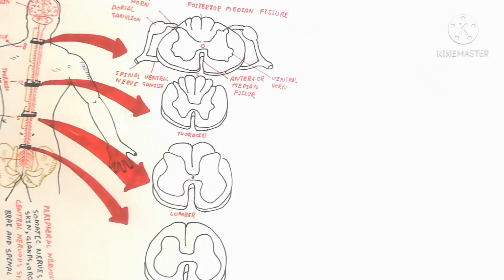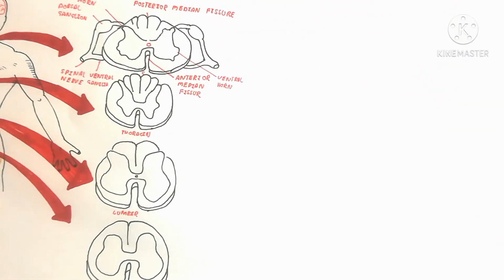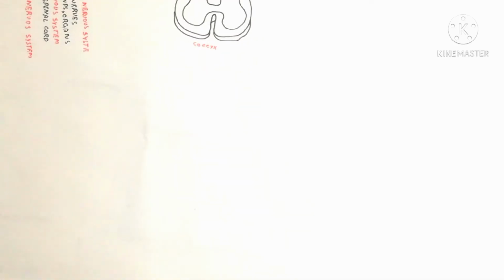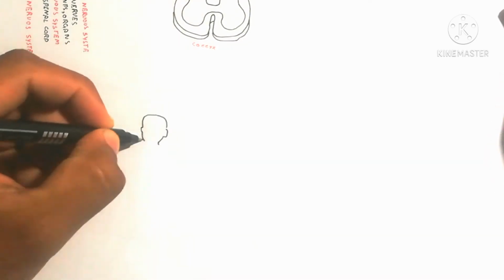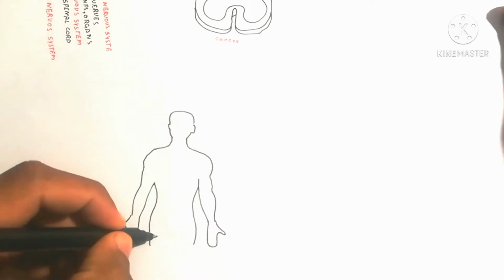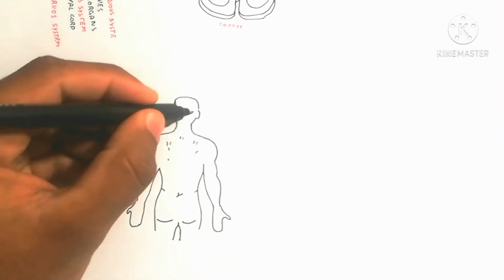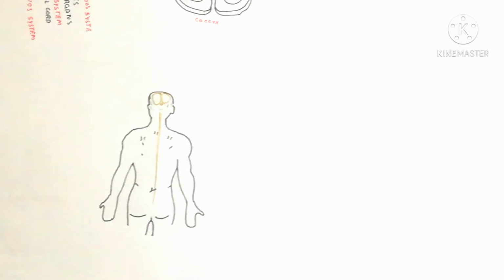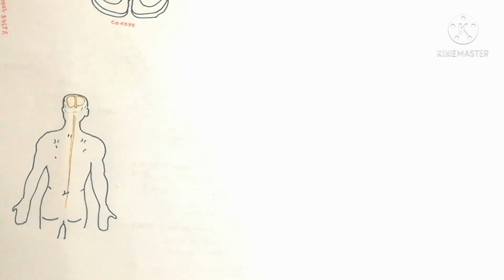Here is thoracic, lumbar, and here is the coccyx. Here is the difference you can see in the gray matter. It means the gray matter decreases toward the brain and increases toward the coccyx. So these are the spinal cord cross sections.